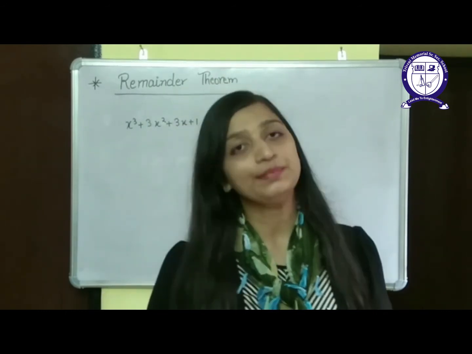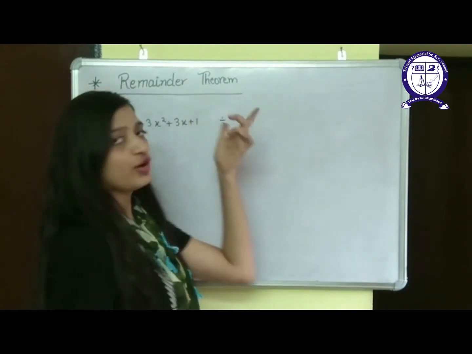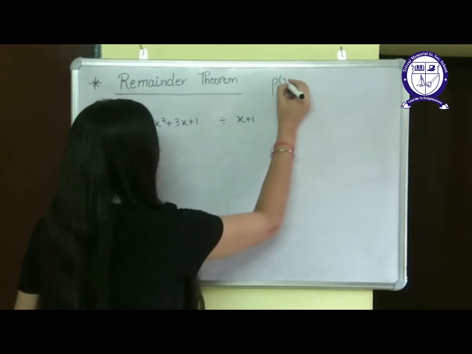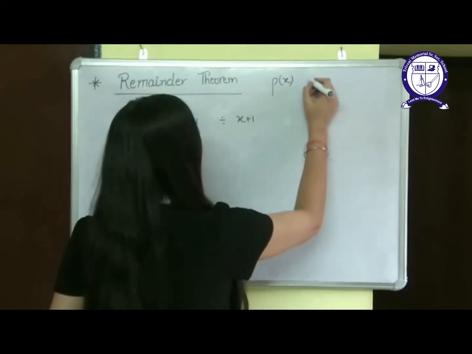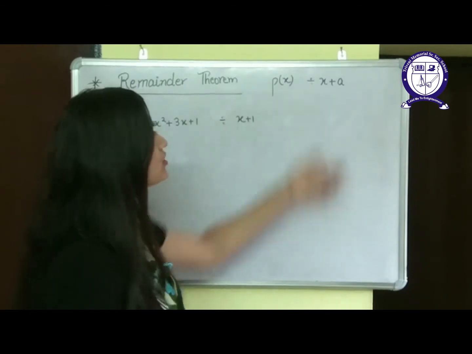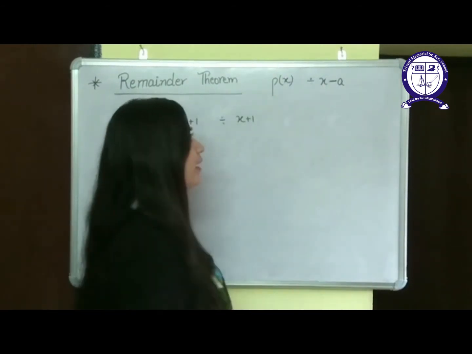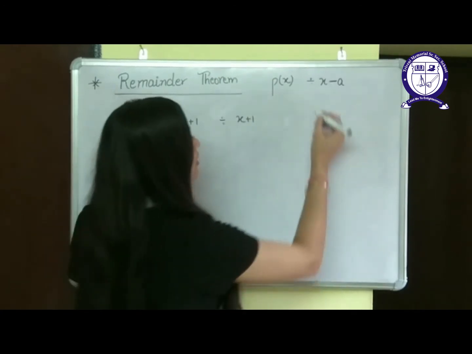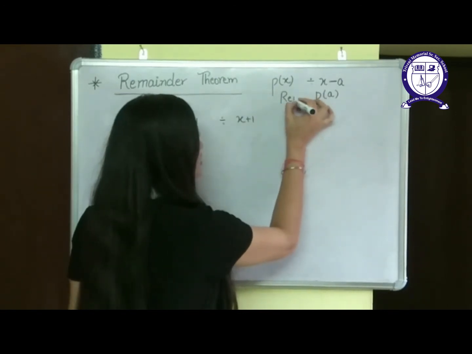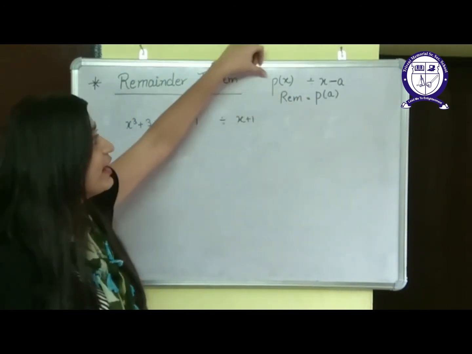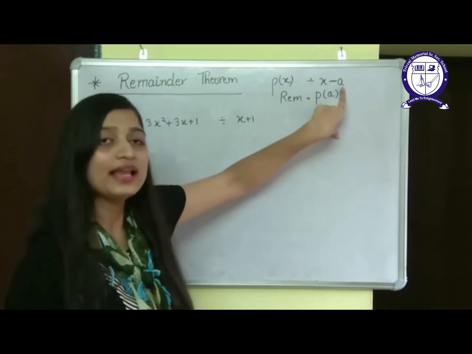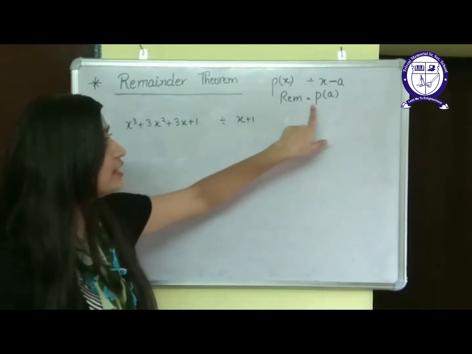Now first of all, what is a remainder theorem? The remainder theorem says that whenever we are given a polynomial, say px, and it is divided by x plus a or x minus a or any number, suppose it is divided by x minus a, then the remainder is p at a.